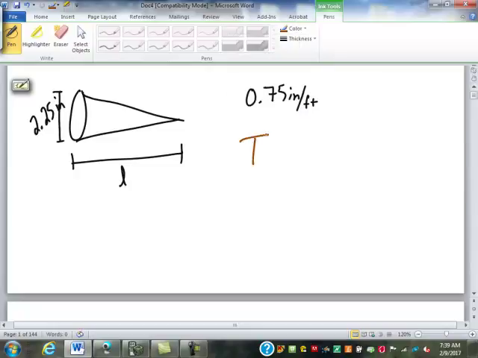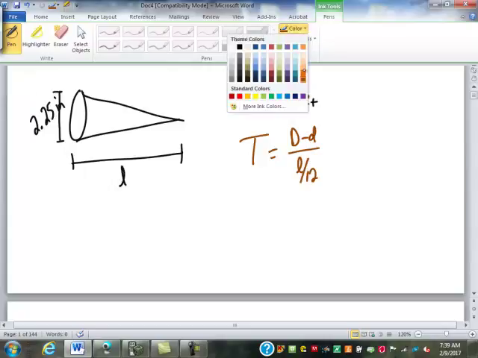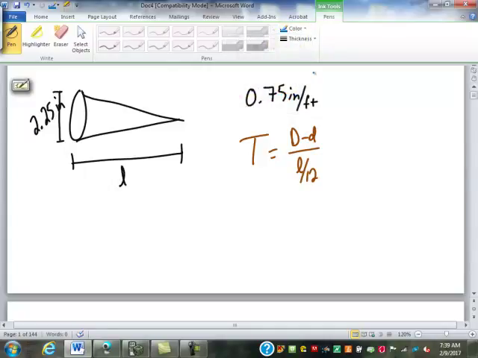Remember, taper is big D minus little d over L over 12. Here, T is 0.75, we know that. Big D is 2.25, big diameter, right? Little d is 0. And we are looking for L, so you'll be solving this.